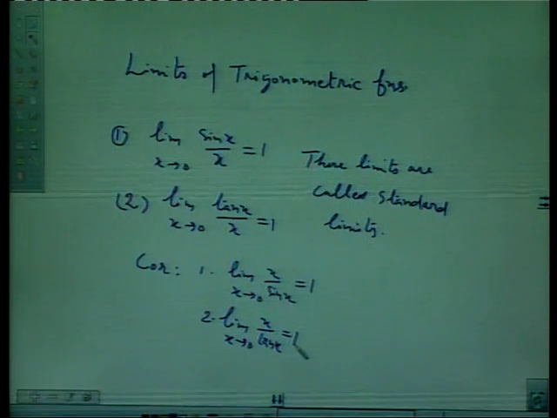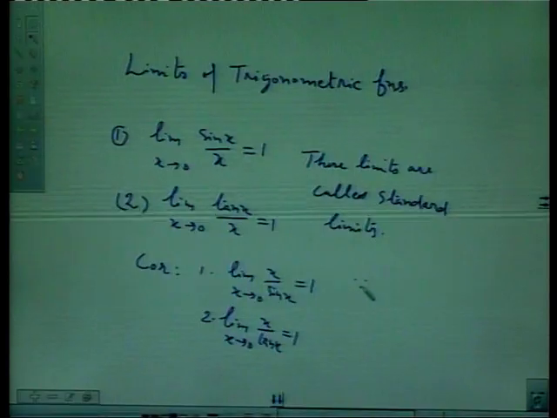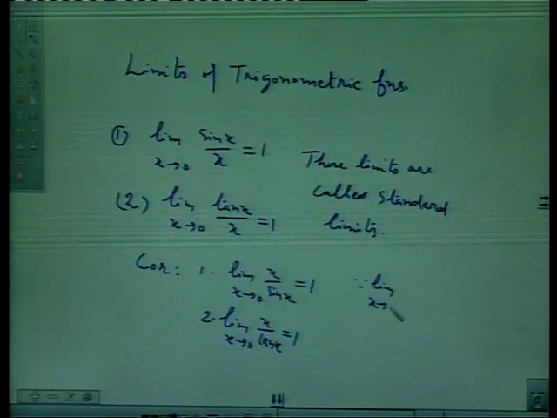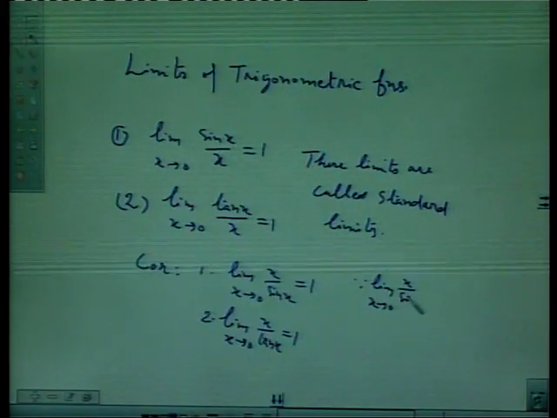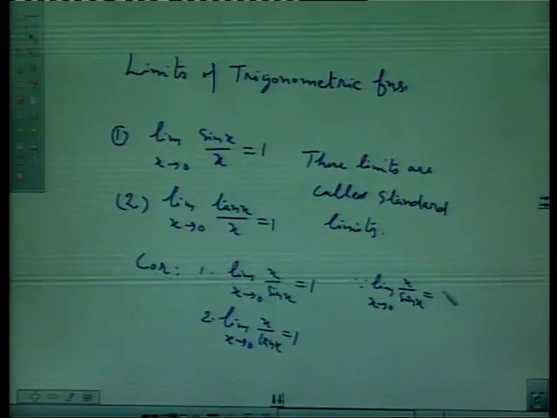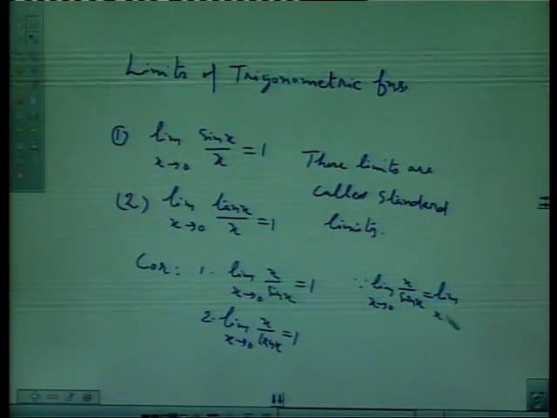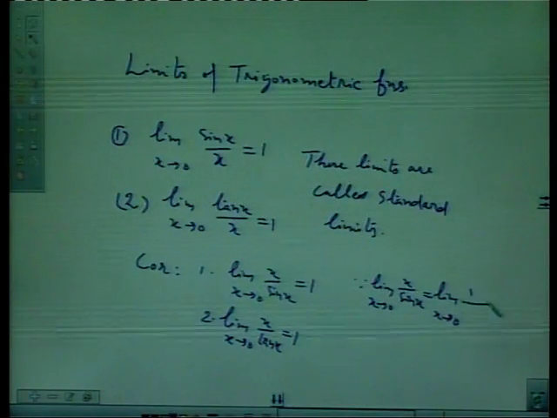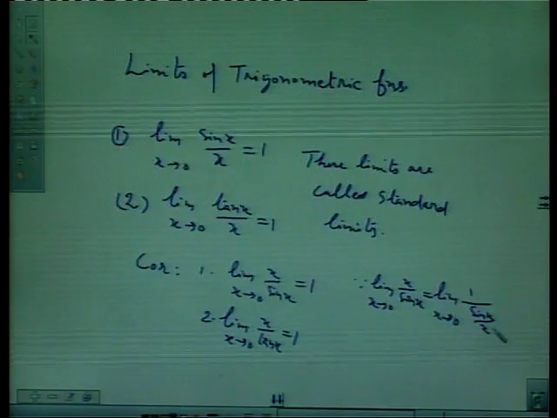The derivation of these corollaries is very easy, because limit x tends to 0 x upon sin x can be written as limit x tends to 0 1 upon sin x upon x.